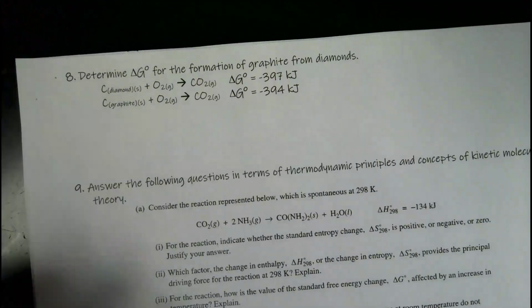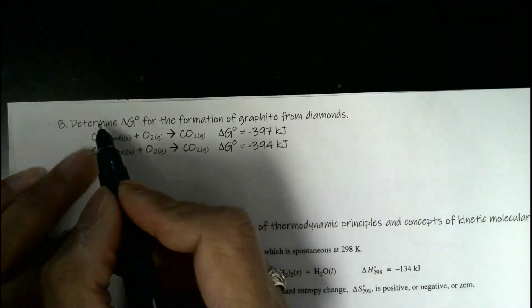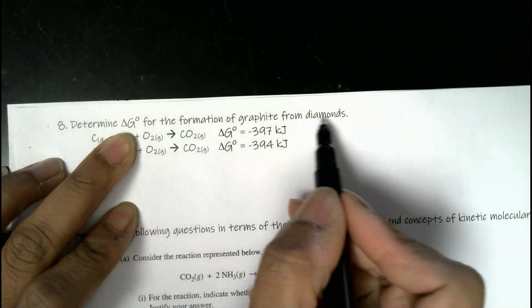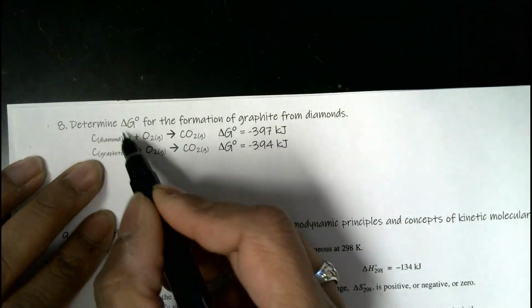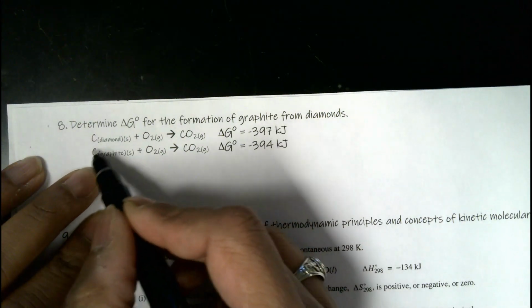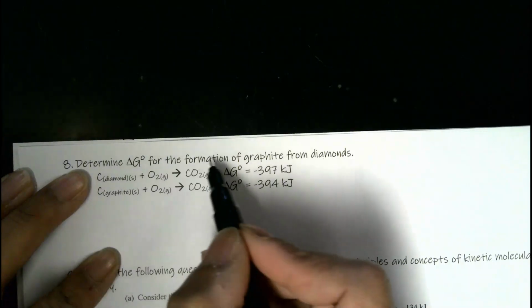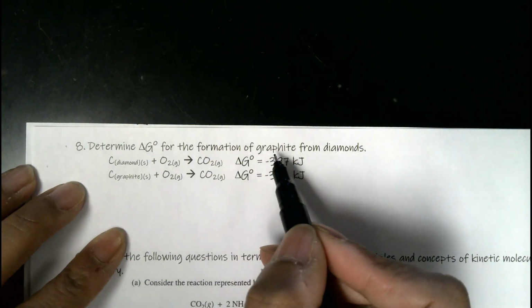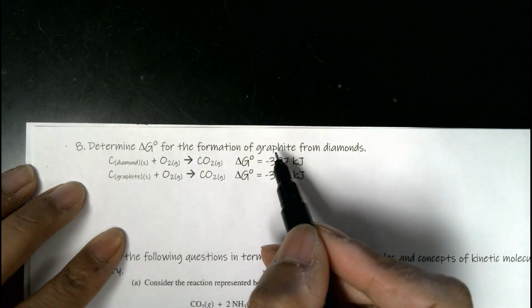Same type of concept. So for number 8, determine delta G of formation of graphite from diamonds. So here we've got carbon as diamonds, carbon as graphite. So to think about what the original equation is, let's make sense of this. We're forming graphite, so graphite should be in the product from diamonds.